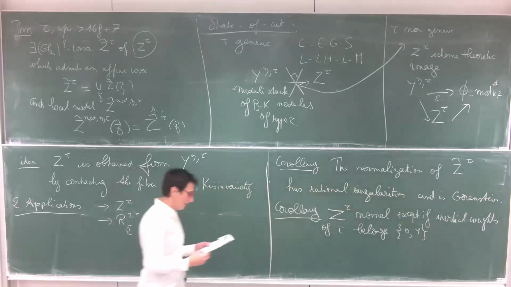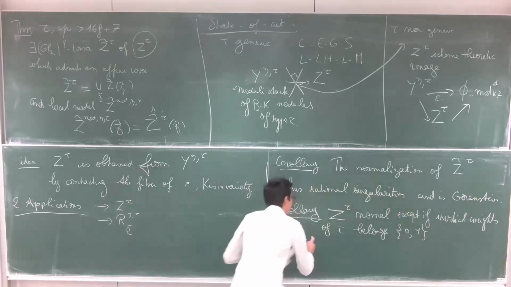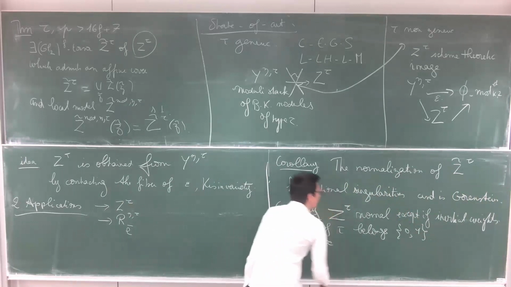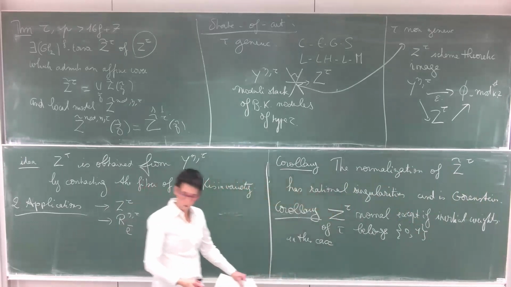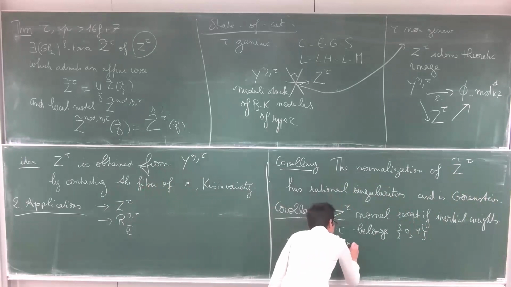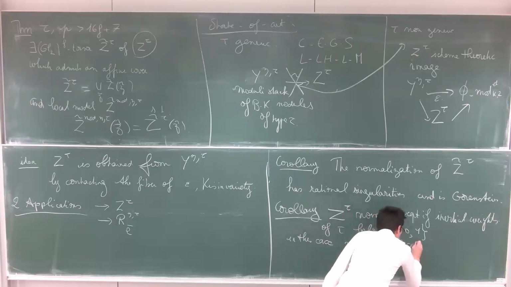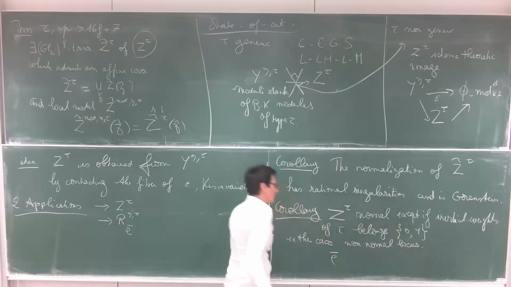Okay, and in this case, we can describe the non-normal locus in terms of the rho bar.